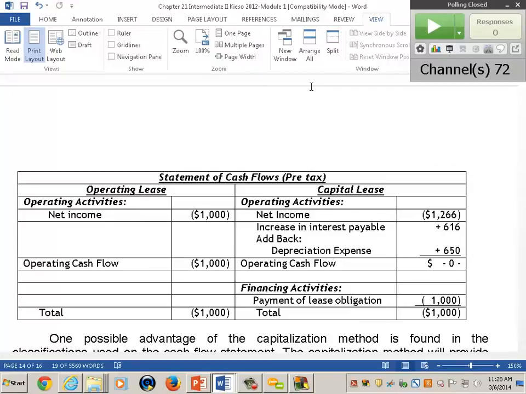So it's clearly to keep the debt off the books, higher net income, and higher ratios in terms of debt to equity, well, I should say improved by an operating lease. Return on total assets using net income is improved, and net income, of course, is higher. So the lessee has a preference for an operating lease.